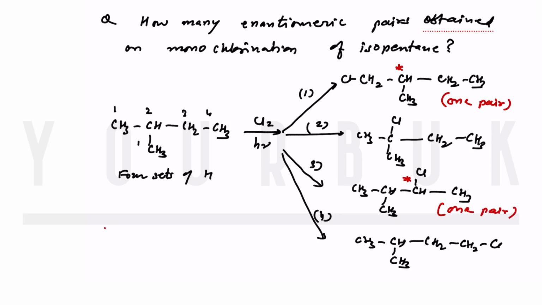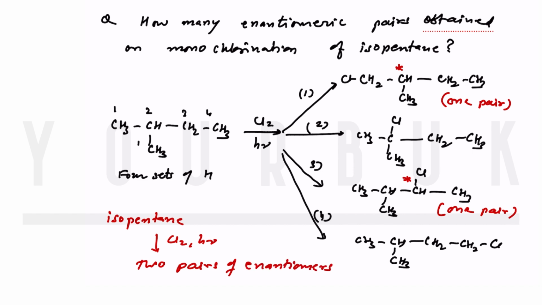So isopentane on reaction with chlorine and light gives 2 pairs of enantiomers. So this is the way you have to apply the stereochemistry.